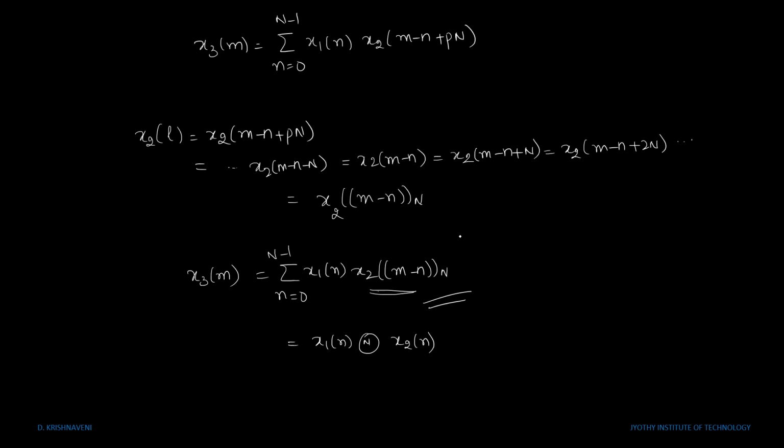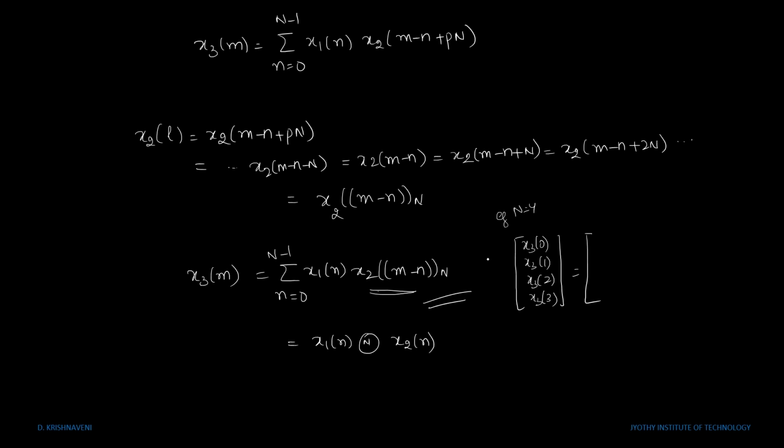Whenever we have a summation of products, you can represent it using matrix multiplication. So here x3 of m, I'll take an example of N equal to 4. So x3 of 0, x3 of 1, x3 of 2, x3 of 3 we are going to get by circularly shifting one sequence and multiplying with another sequence.